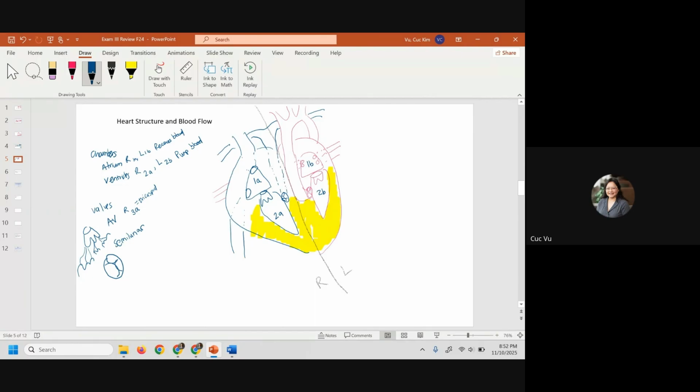So this right here would be 3A. And then you also have a left one, 3B, and the left one, crazy, has two names. What are they? In addition to the left AV valve, what else are they called? Bicuspid and mitral. Yep.